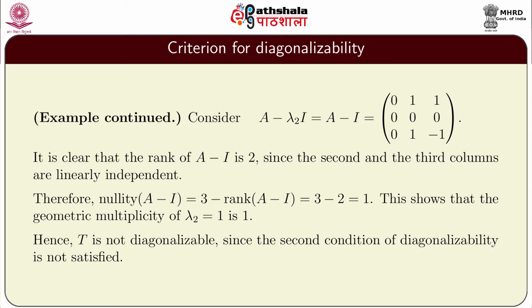Now, we see that the first column is completely 0, and there are 2 more columns, and the last 2 columns are linearly independent vectors in R3.